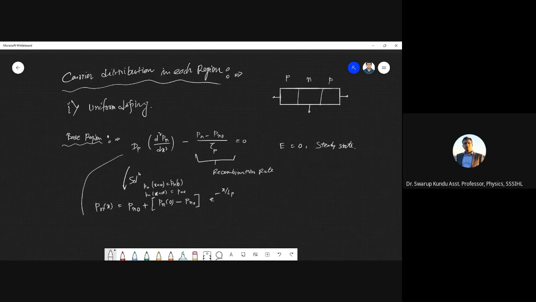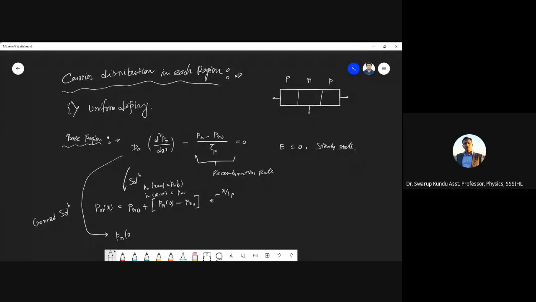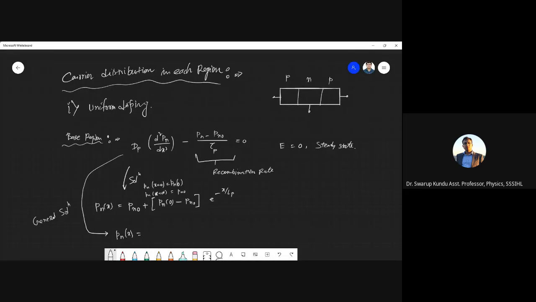Now, if you write this in a more general solution, p_n(x) equals p_no plus C1 e to the power x over L_p plus C2 e to the power minus x over L_p.